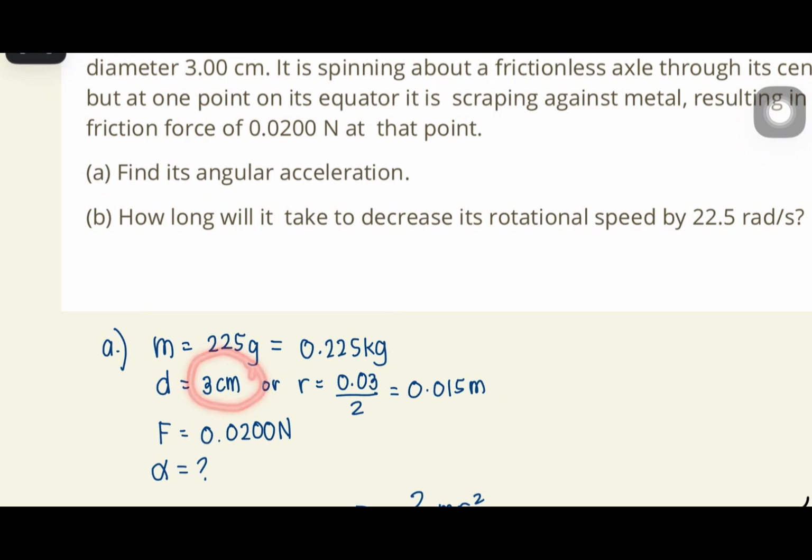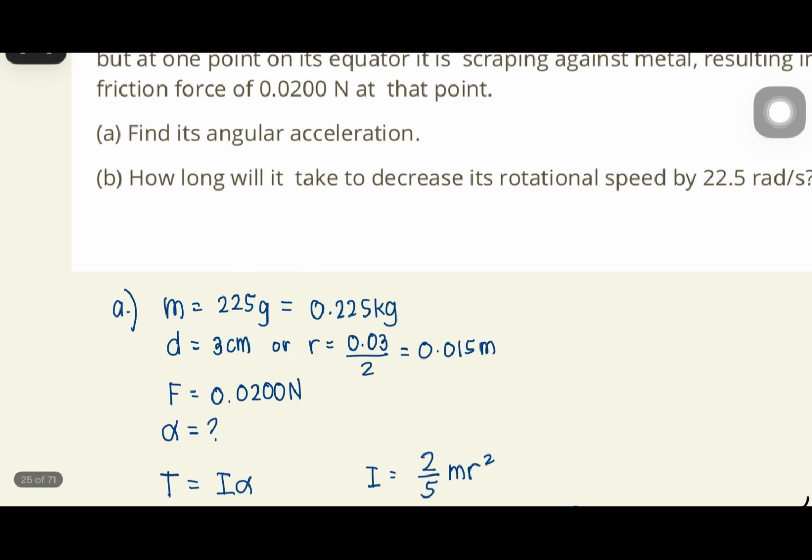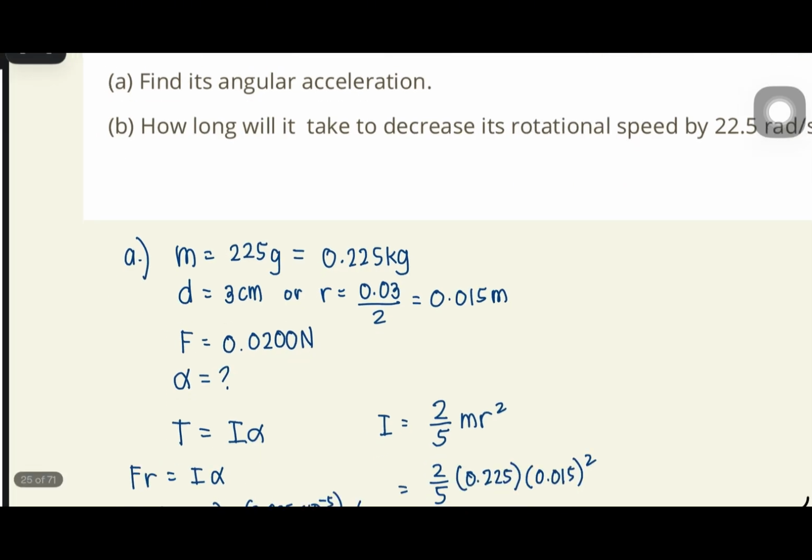Then, notice class naka-centimeter. So, kailangan din i-convert siya sa meter. So, 0.03. Then, kalahati ng diameter is equal to radius. Makukuha natin is 0.015 meters. Next, the force equals to 0.0200 Newton.